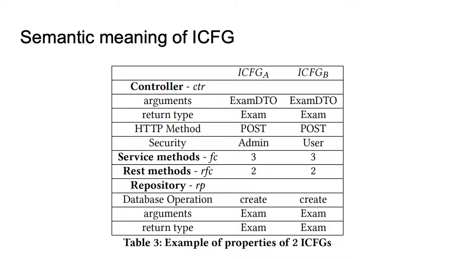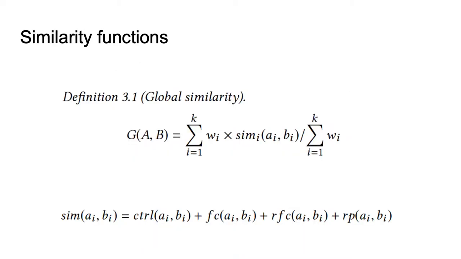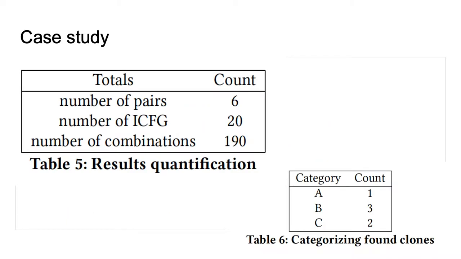There are properties of each control flow graph. Then the similarity function provides us simply with a global similarity. That means that we compare everything together, and the local means that we compare the controller functions, repositories, and calls to another function separately, one with each other.